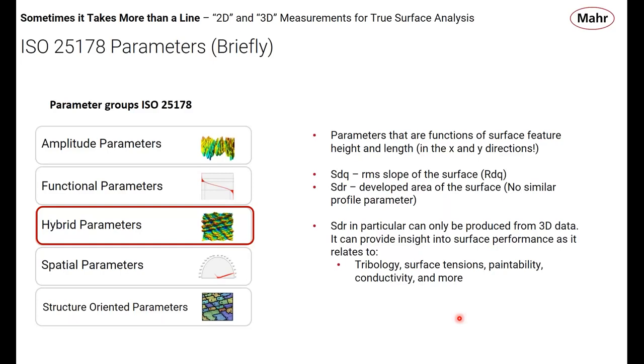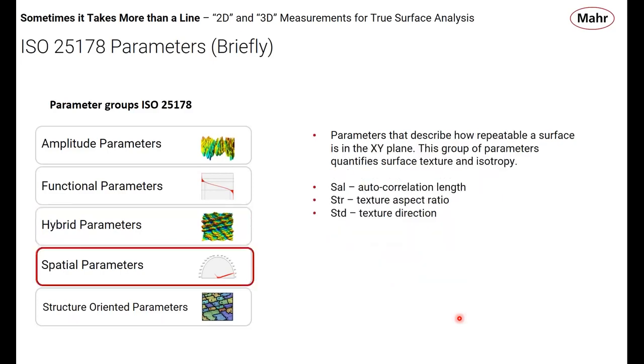This is the quantification of that. How peaky, how slopey, how faceted is the surface? That's what Sdr quantifies, and it plays a very important role in tribology, surface tension, paintability, even conductivity. So that's the key hybrid parameter.